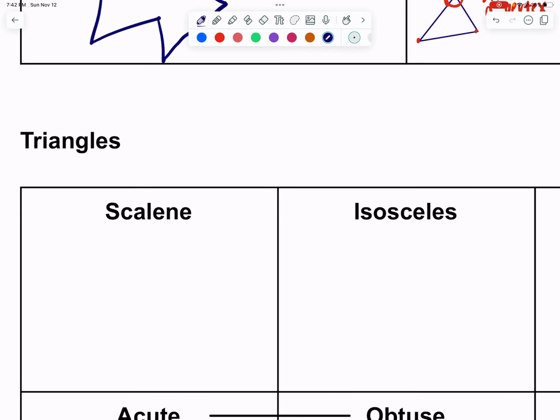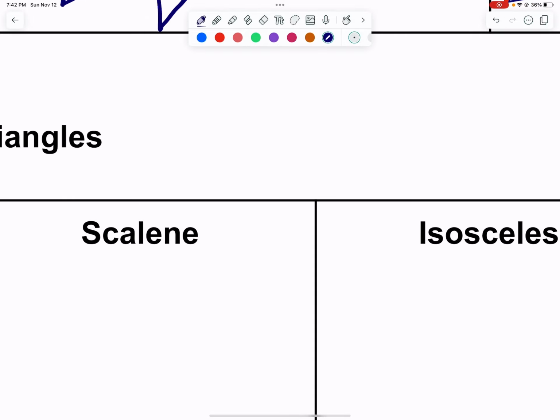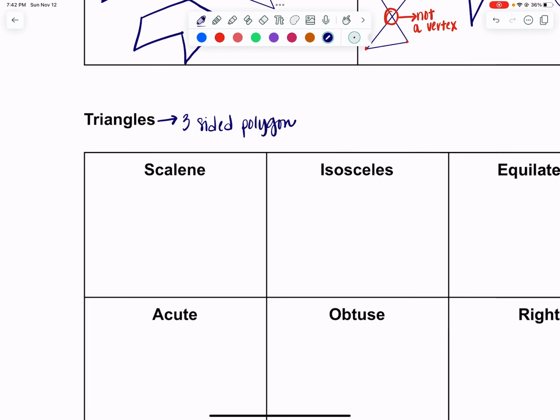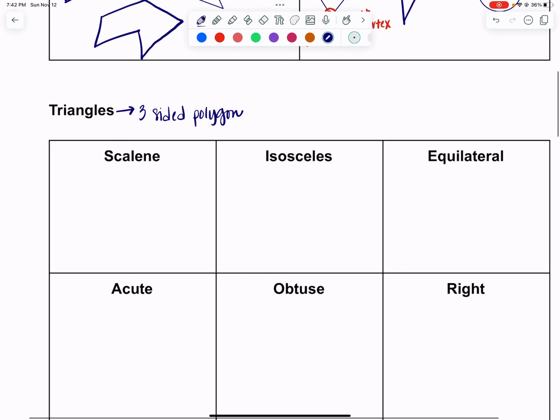First one is a triangle. Hopefully, we all know that by now this is a three-sided polygon. I don't need to write the number 3 and then write the word 3. You guys get the point. There are two different ways we typically classify these guys.